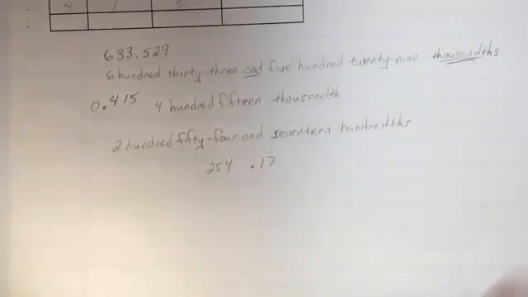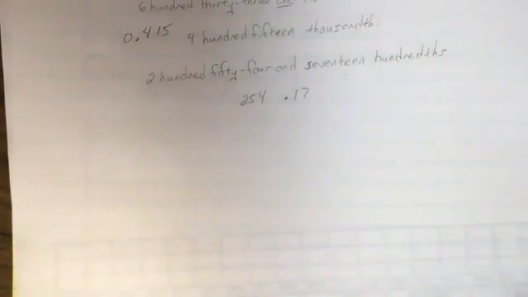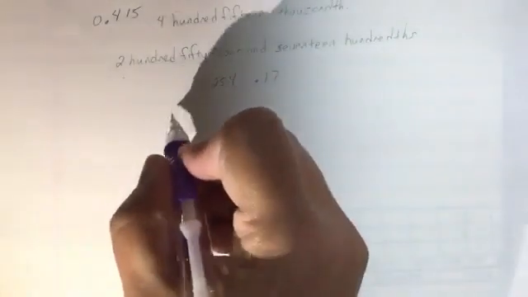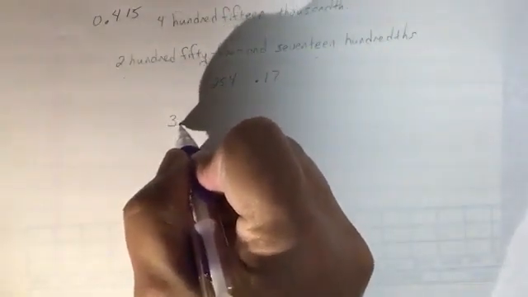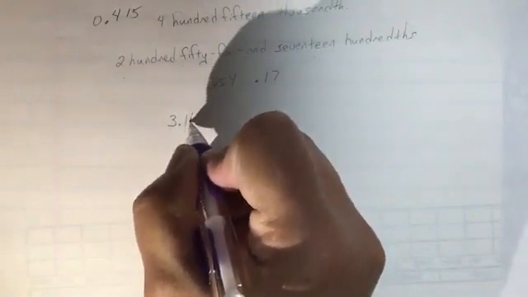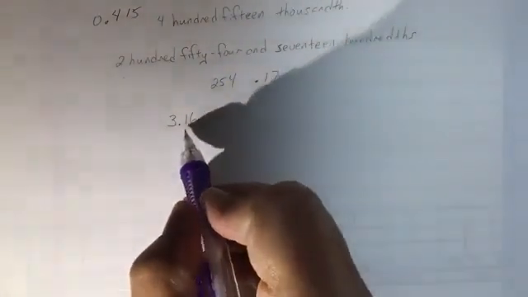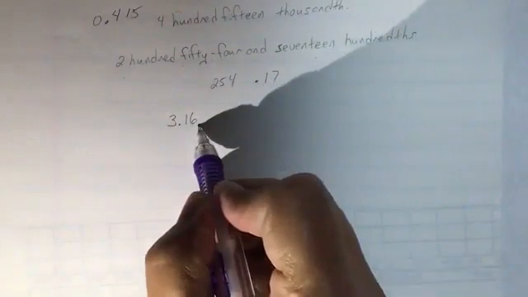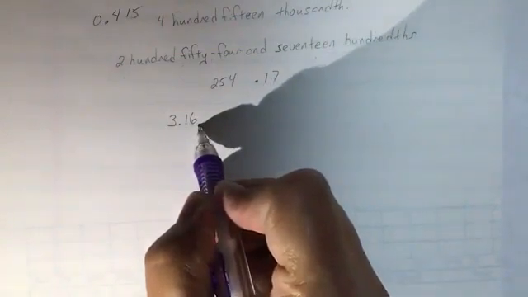So let's look now at taking a decimal and making a fraction mixed number of it. Let's start easy. For every decimal place, you're going to put a 0.